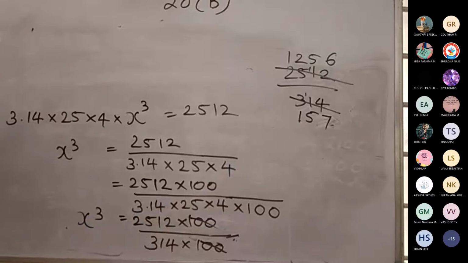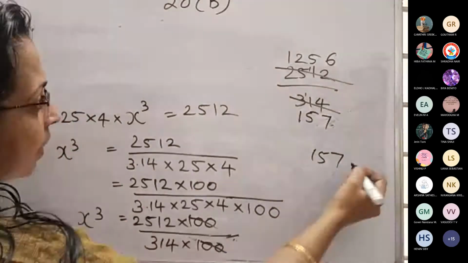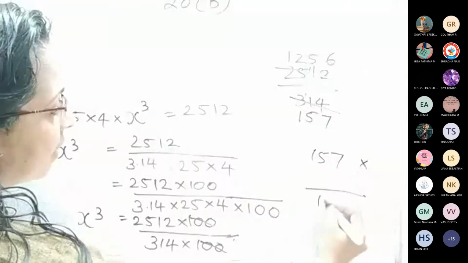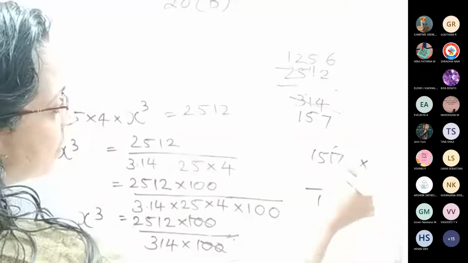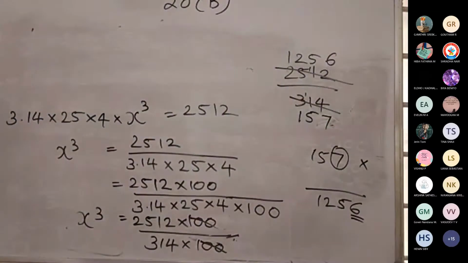Here, 157. Its cube is equal to, so we should get 1256. So last number 7, table of 7, last number 6. So which number? Think of that.